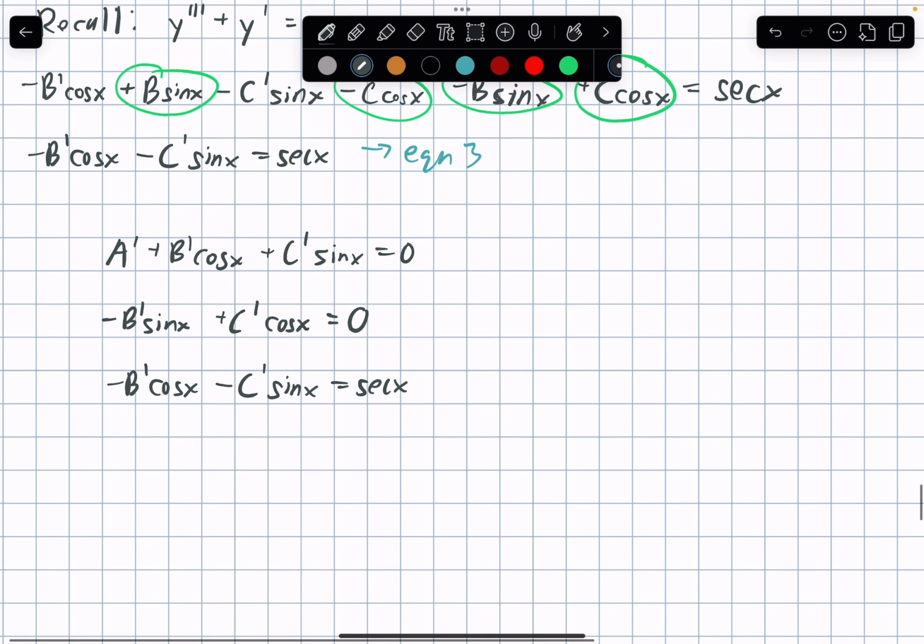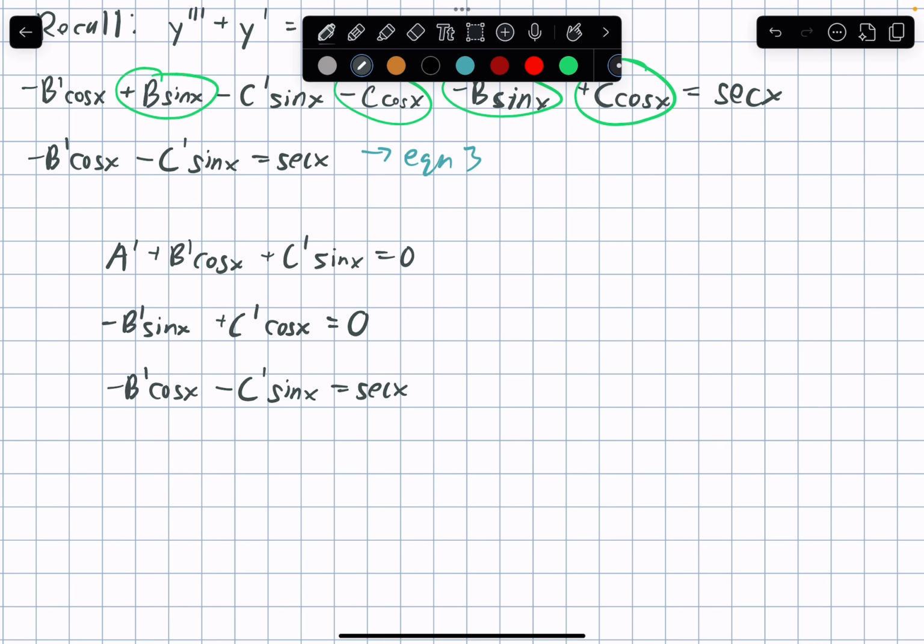Okay, so where do we start? It's actually pretty simple. Let's focus on these 2 equations first. We can choose elimination method, no? Sine x, cosine x.